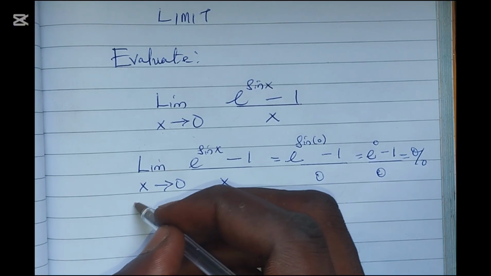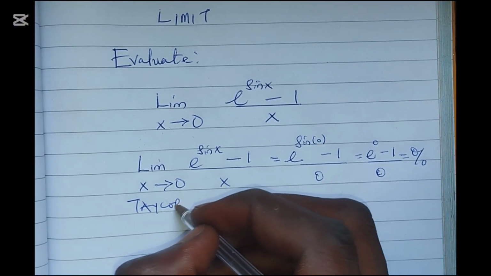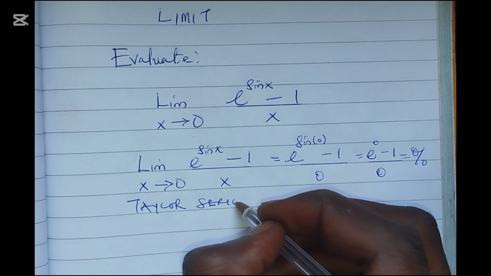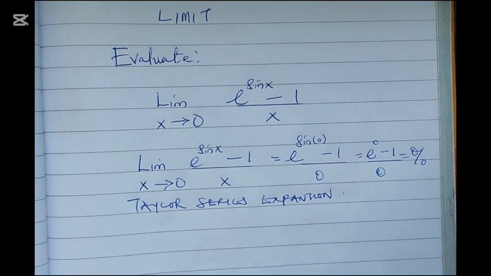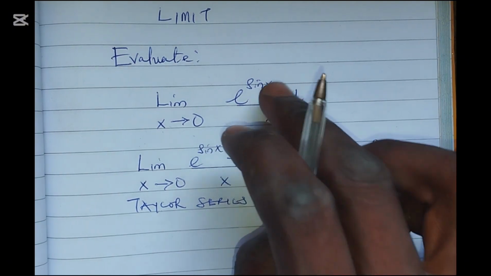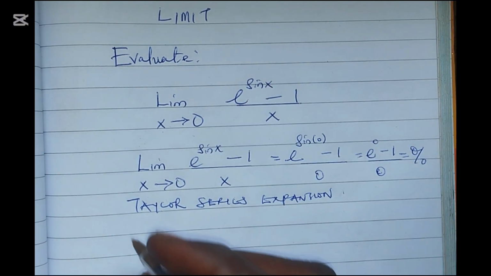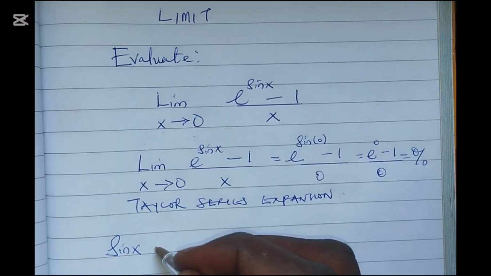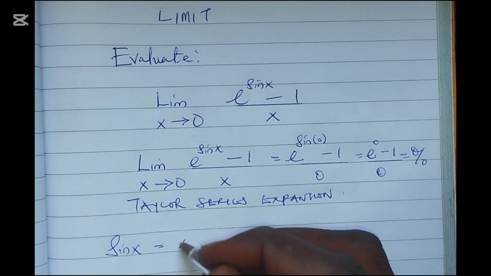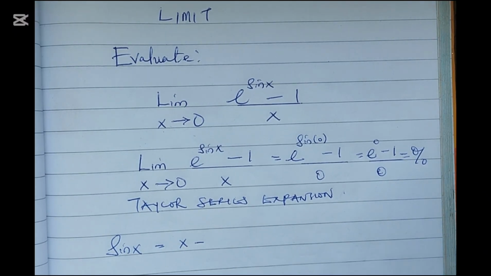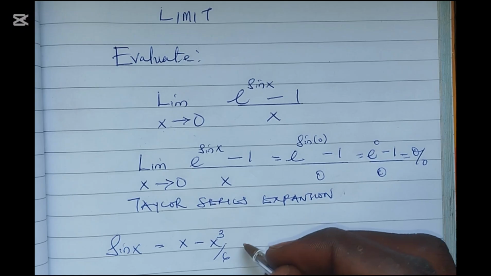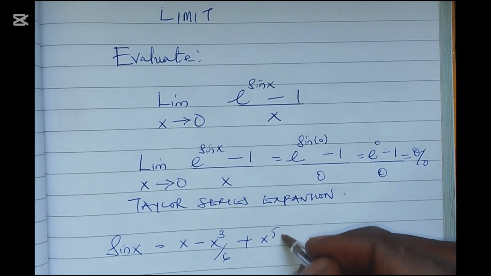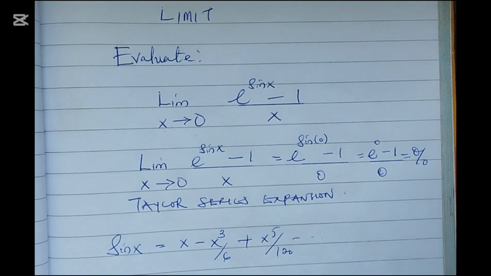Using the Taylor series expansion method. Now we know that the Taylor series expansion for sine x, where the signs are alternating, is x minus x cubed over 6 plus x to the 5 all over 120 minus and so on.